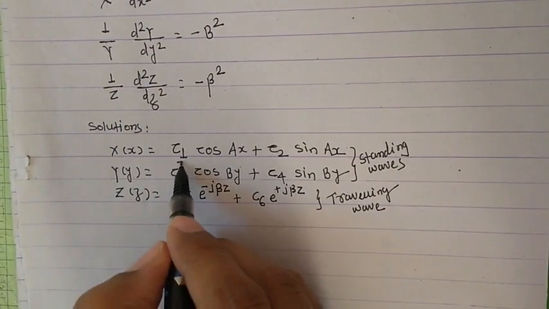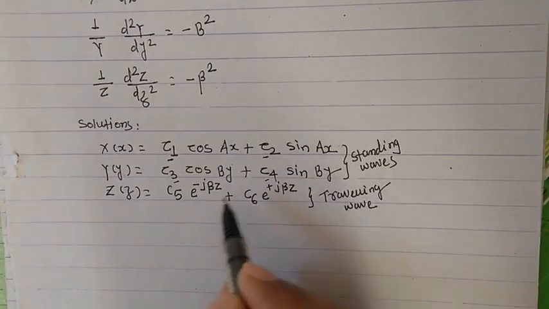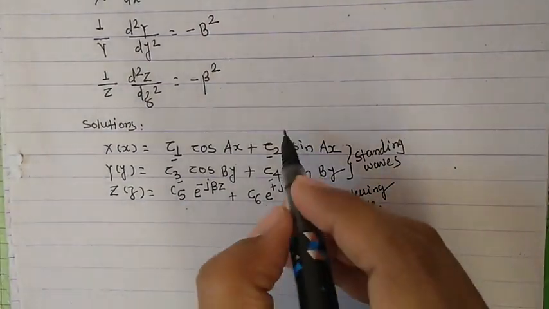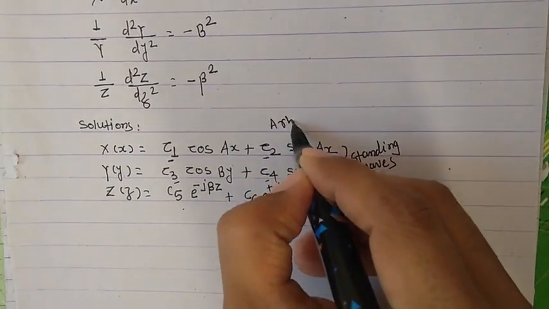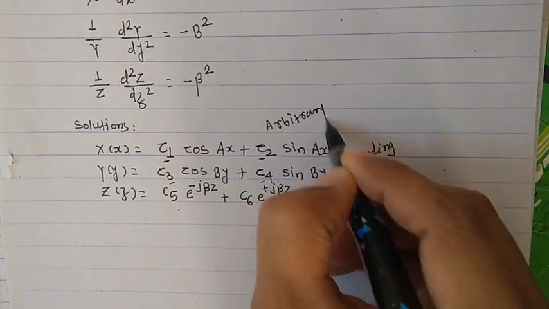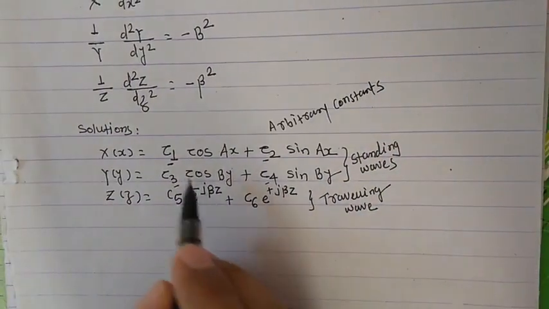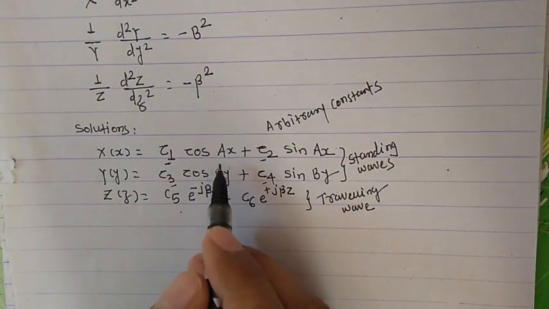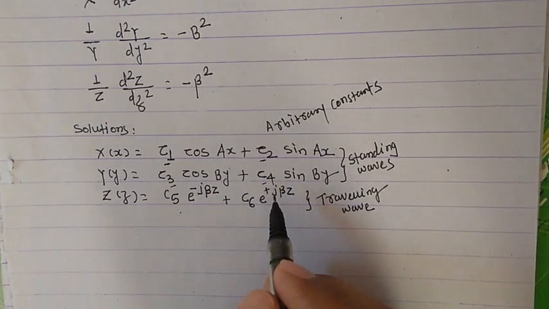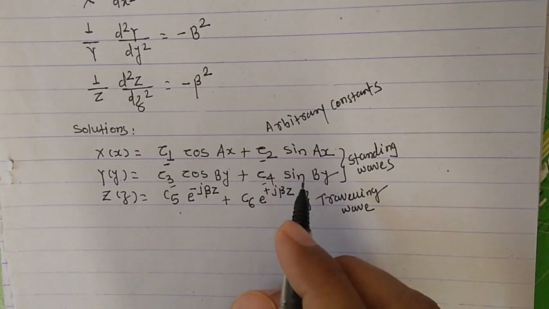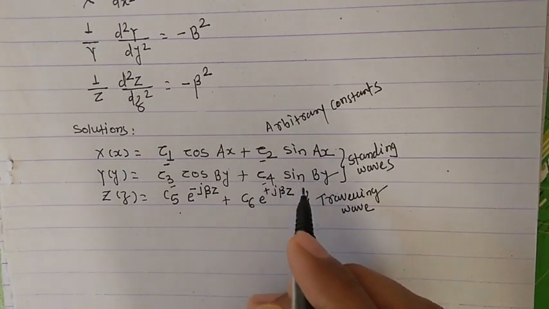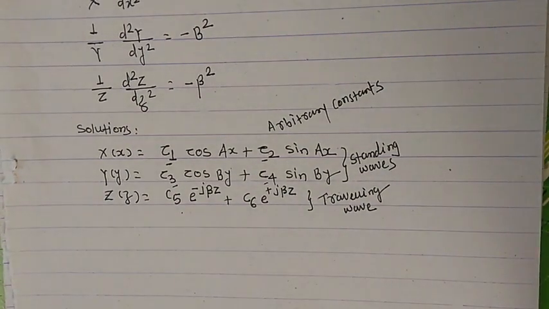C1, C2, C3, C4 and C5, C6 are some arbitrary constants. The cos and sine functions show amplitude variation, which is standing wave kind of behavior.